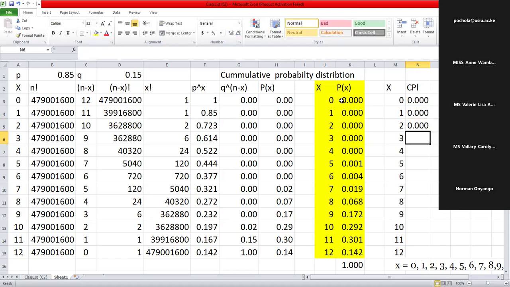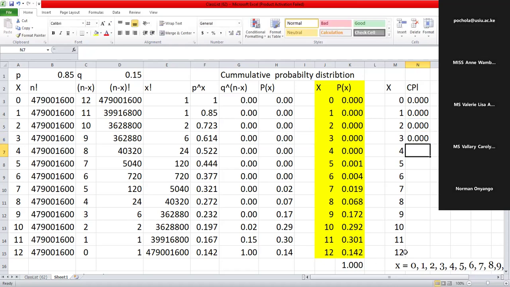At most 3 is adding all these things. Already I have up to here, which is at most 2, so I just add this to the probability that x equals 3.